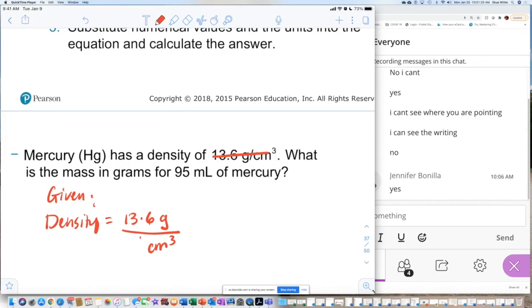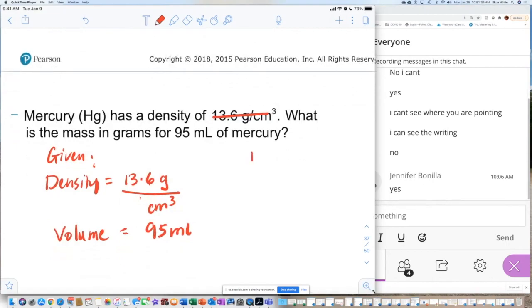I wrote this number down. And then we're given volume. I know this is volume because it's milliliters, 95 milliliters. What is wanted? Wanted is mass in grams.